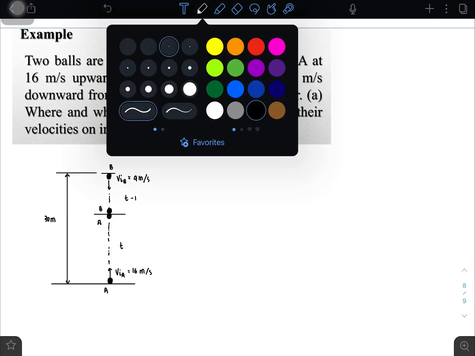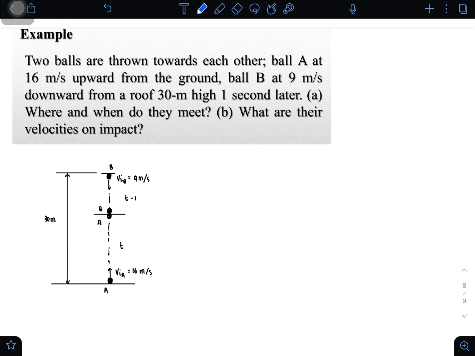You can also make a consideration that if you're going to use the function of travel as the time, then the time traveled by ball A would be time plus 1. In the question, where and when do they meet, the time traveled by A is the time where they meet.